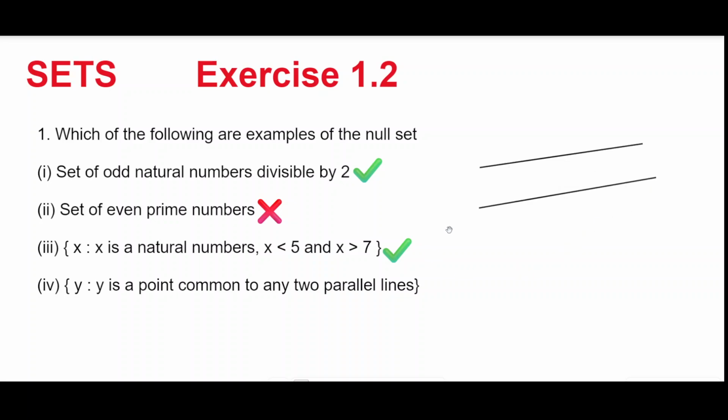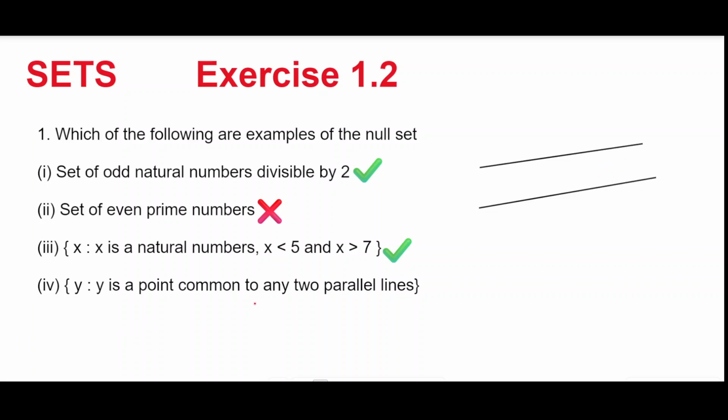Is there any point which will be common? Parallel lines mean the distance between the two lines will always be the same, so these lines cannot meet, endless, they will never meet each other.